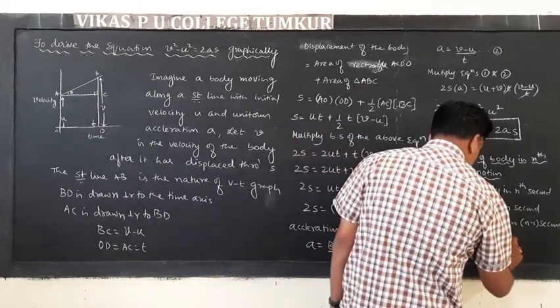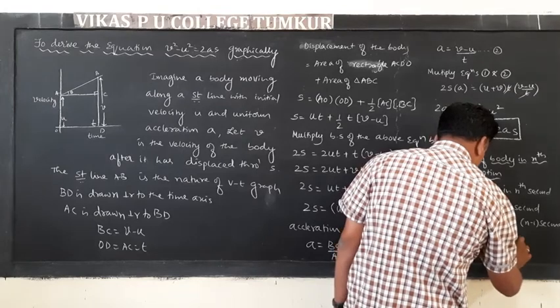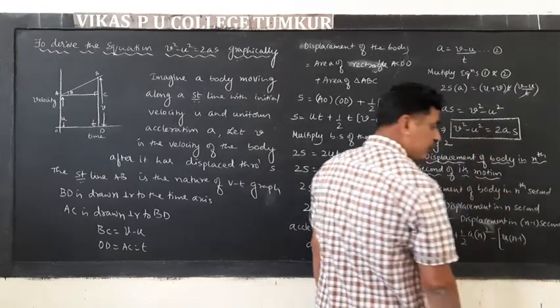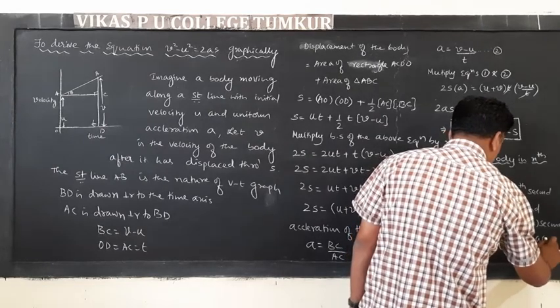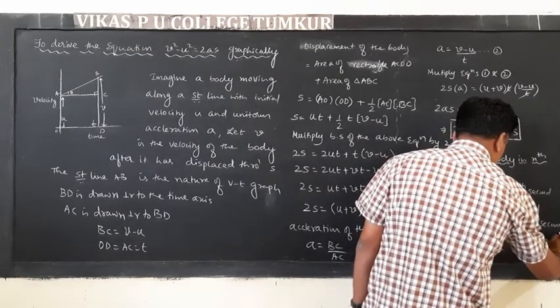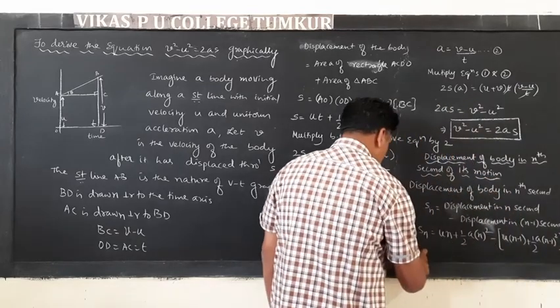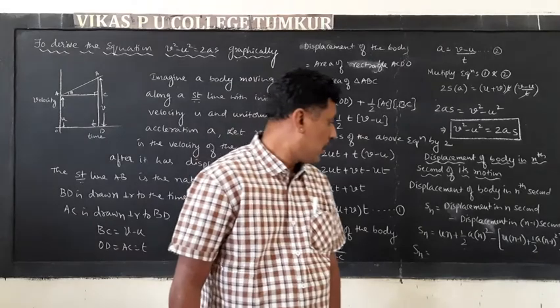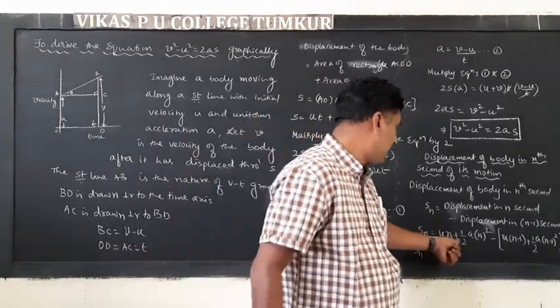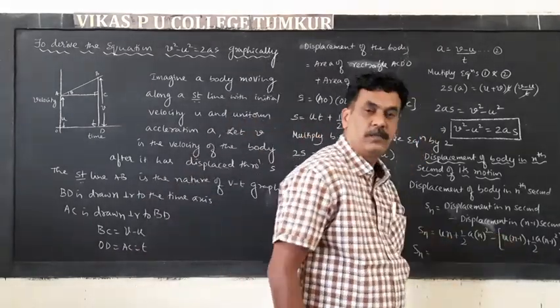ಸೊ ಅಂದರೆ u into n minus 1 plus half a into n minus 1 whole square ಆಗಿದೆ. ಇದನ್ನು ಸಿಂಪ್ಲಿಫೈ ಮಾಡೋಣ. un minus u of n minus 1.